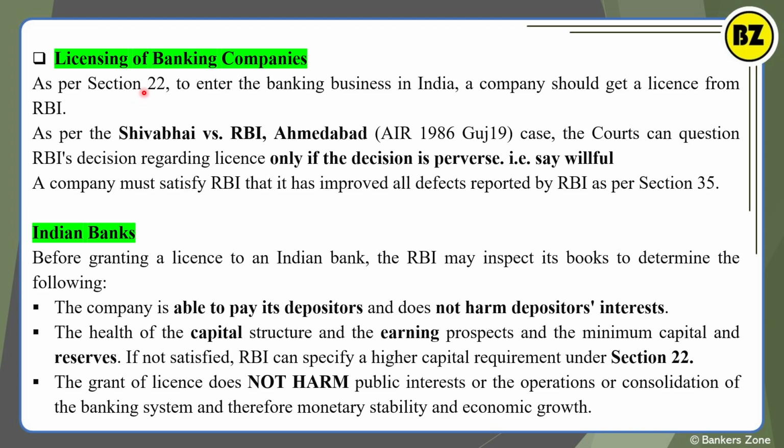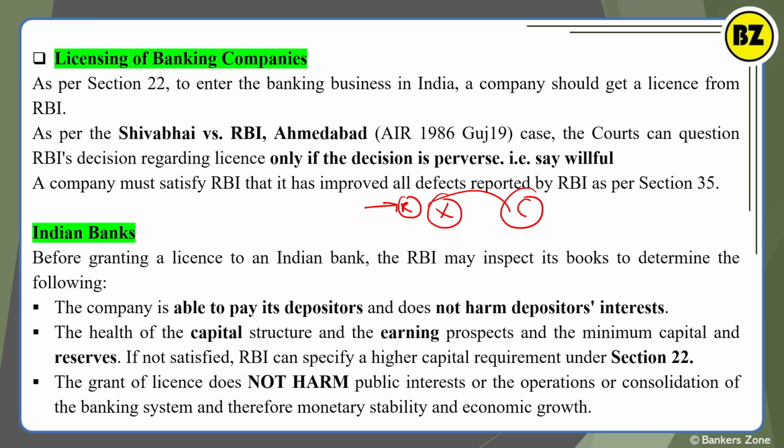Here is one small thing you should note: there was a case, Shiva Bhai versus RBI in Ahmedabad. In that case, the court held it can question the RBI's decision regarding the license only if the decision is perverse. What does that mean? Suppose somebody applied for a license to the RBI and RBI rejected the banking license, and they approached the civil court.